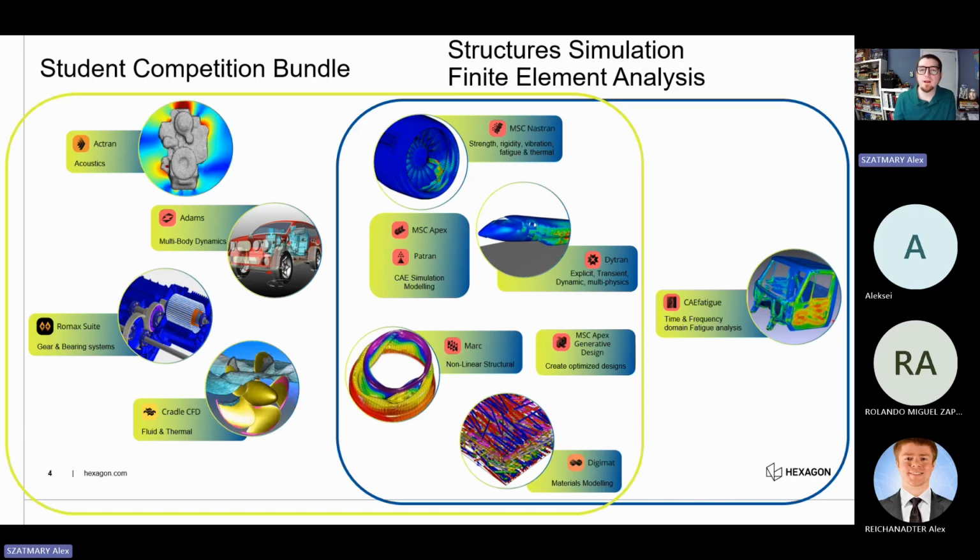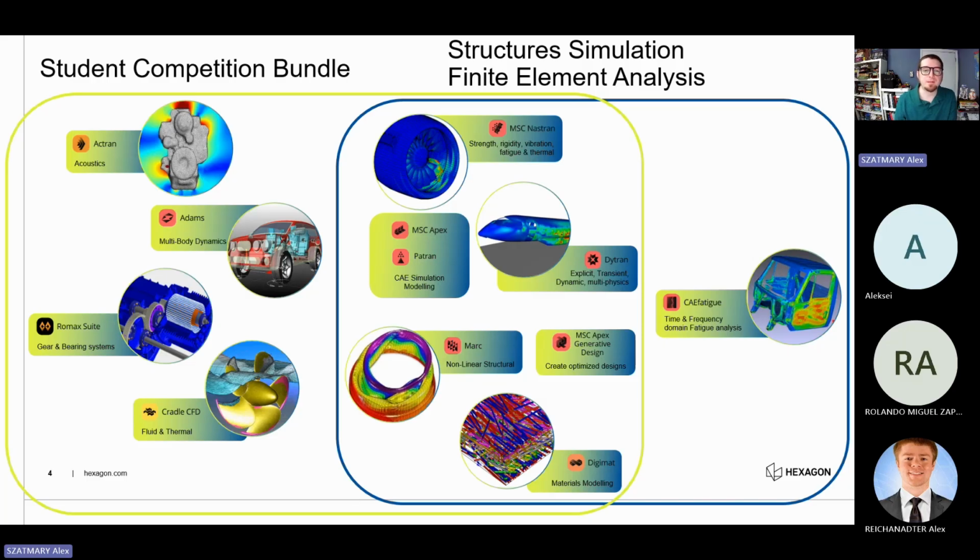And some of them are not really tied to finite element, but they're worth mentioning, like Octron for acoustics and Atoms, Romax, and Cradle, which we've discussed in previous webinars this year. And then inside the blue rectangle, that's what we offer for finite element analysis. Unfortunately, CAE fatigue on fatigue modeling is not a part of the student competition bundle, but almost all of our other finite element tools really are.